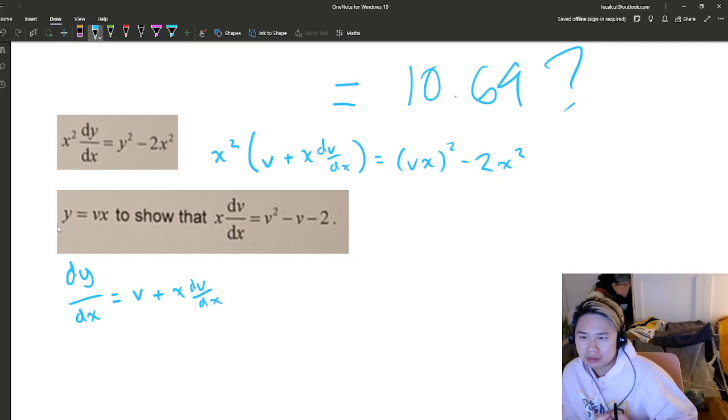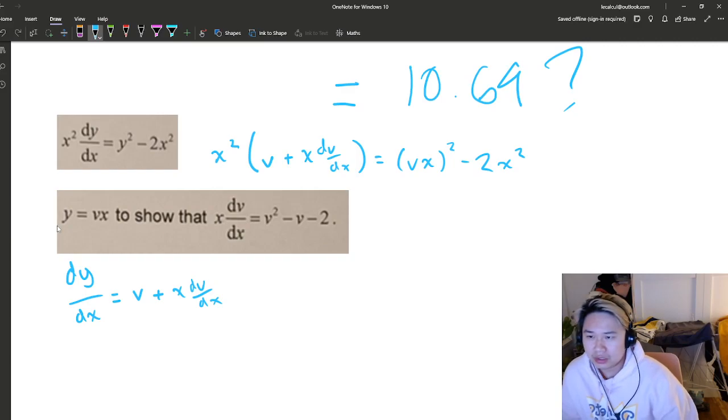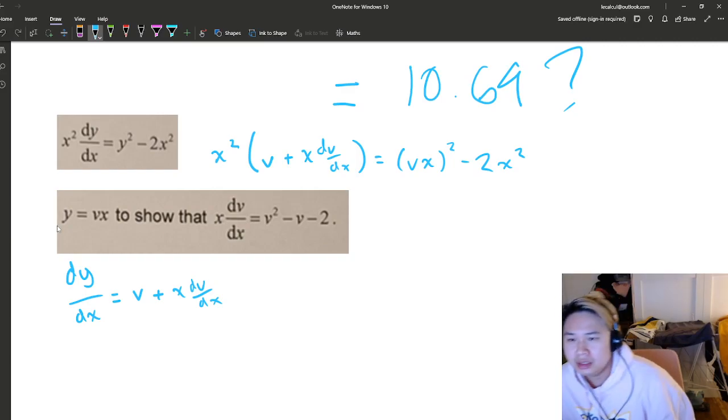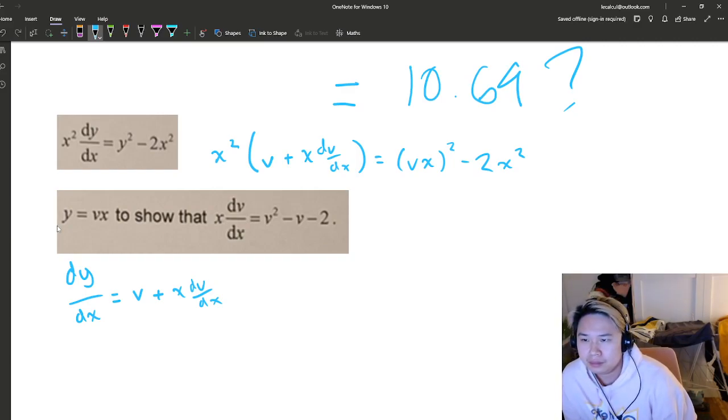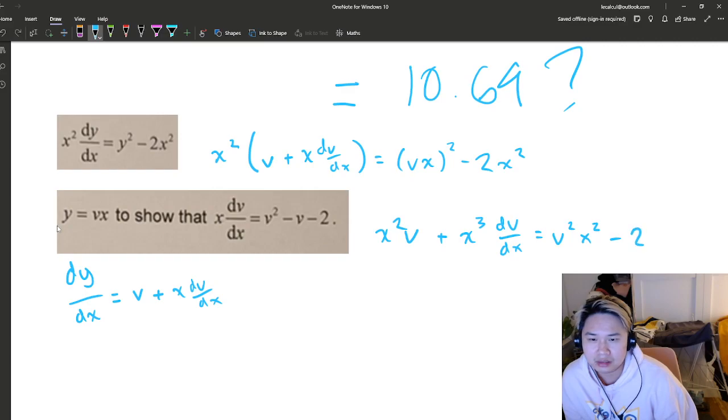Sure, let's just keep things going. So I got x squared v plus x cubed dv/dx. This is equal to v squared x squared.